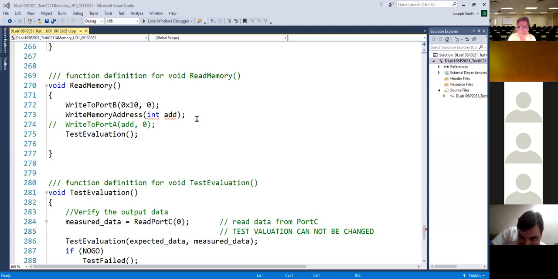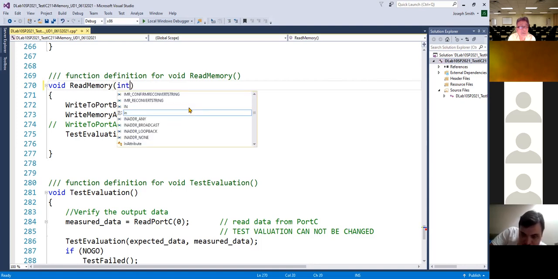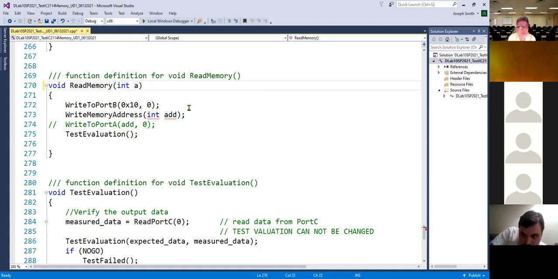So like 270, basically you have to say read memory, okay, integer ADD. Like INT A. Okay, now in line 273, you write your memory address, they just ADD here, okay, they not integer.